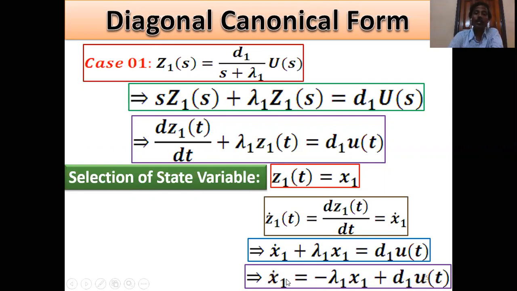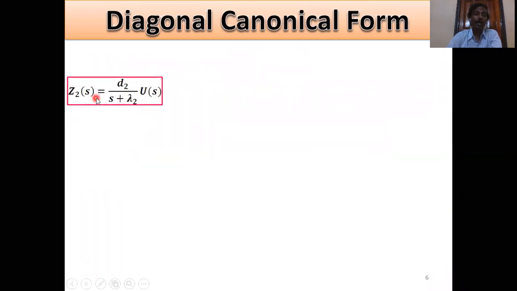So x1 dot is called the state equation because the left hand side has the derivative terms, free of differentiation terms on the right hand side. This type of equation is called a state equation.